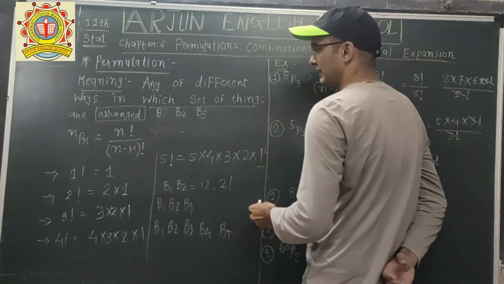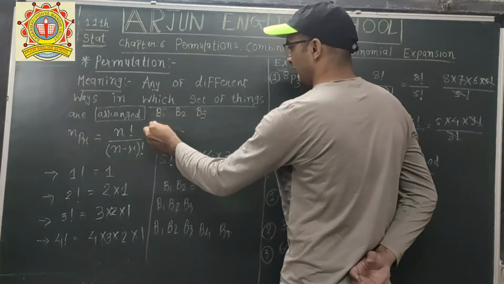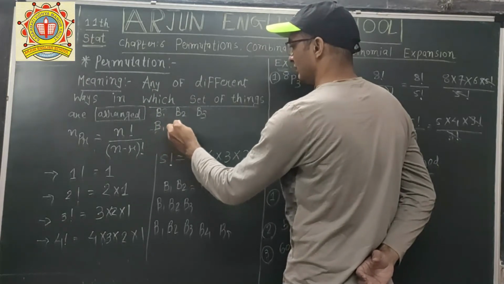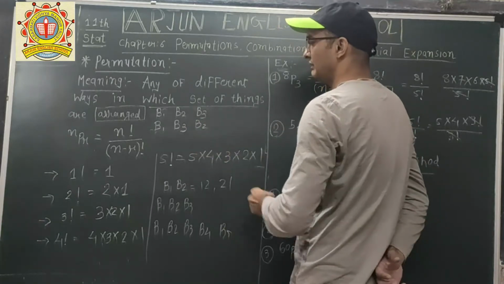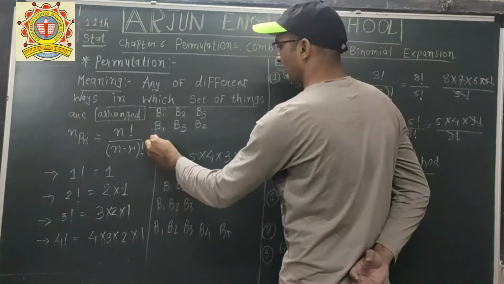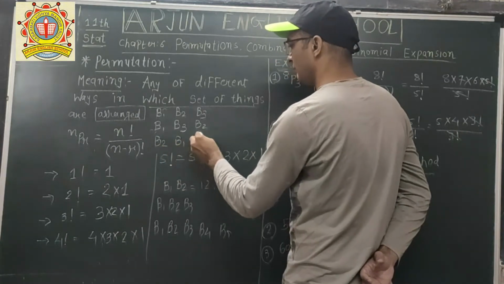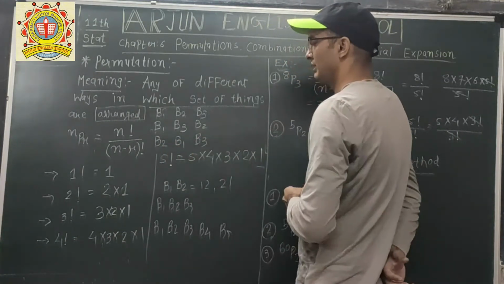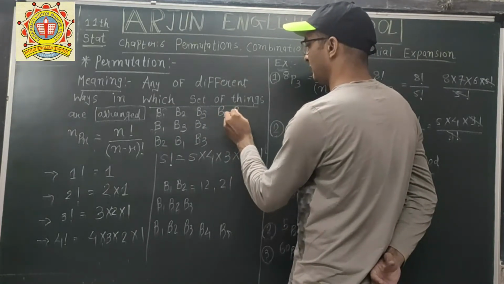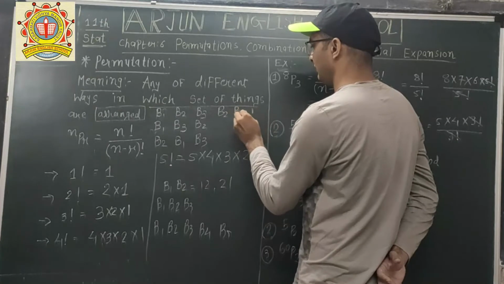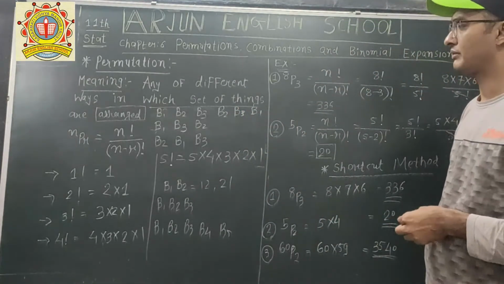Now arrangement is possible, like first of all B1, B2, B3, then B1, B3 and B2. Then we can say that B2 is in the first place, so B2, B1, B3. Now B2 first, then B3, then B1. Got it?